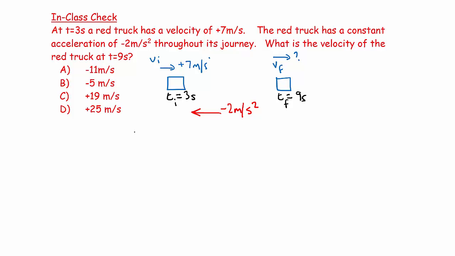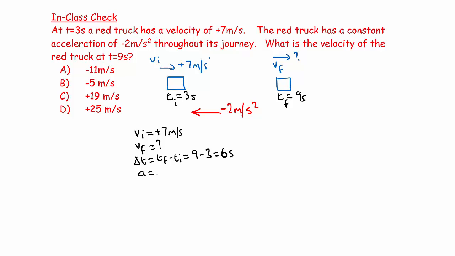So I go, well, VI is equal to plus 7 meters per second, and I want VF, and my time interval is equal to t final minus t initial, which equals 9 minus 3, which equals 6 seconds.